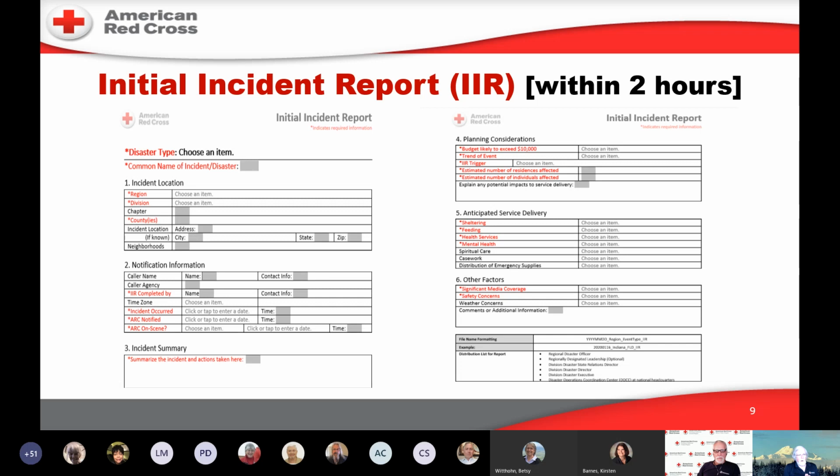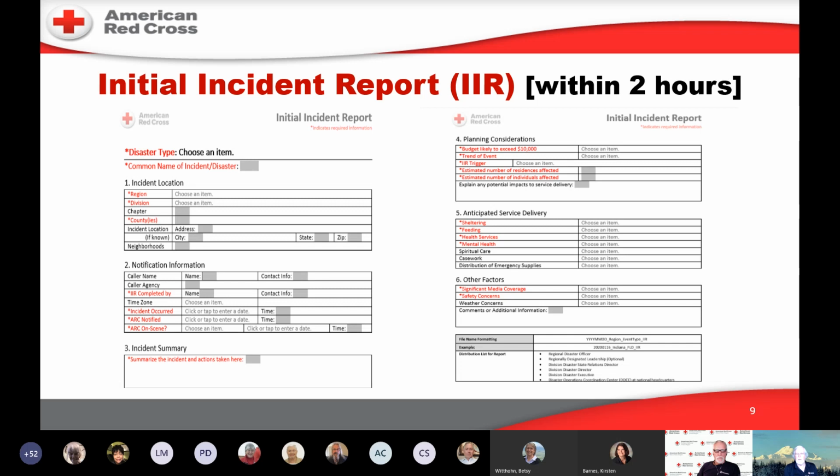You may get a report in one of those fire things saying that they are evacuating X number of structures. They never say homes. X number of structures affected, and they are evacuating X number of people.